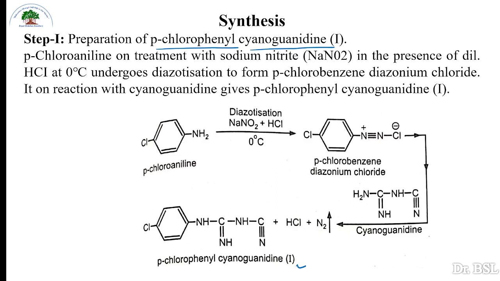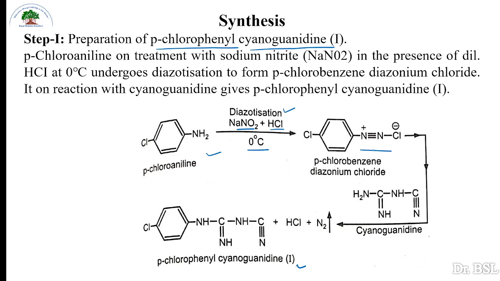The reaction sequence is: parachloroaniline on treatment with sodium nitrite in presence of dilute HCl at 0 degrees Celsius undergoes a diazotization reaction and yields parachlorobenzene diazonium chloride. This is a diazonium salt.